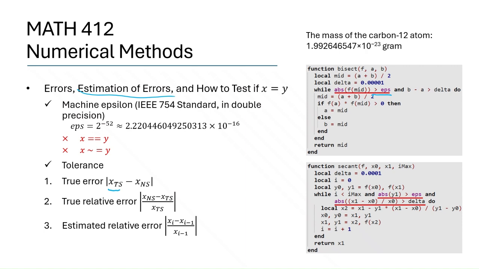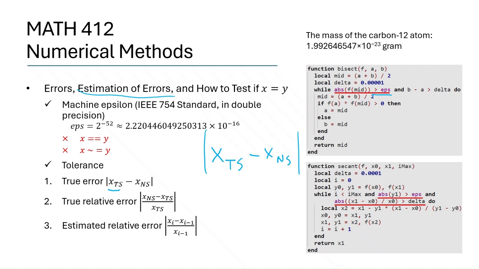solution, we denote that exact solution as x sub t, the true solution. And if the value we obtain numerically is x sub ns, the true error is the distance between them. What's error?